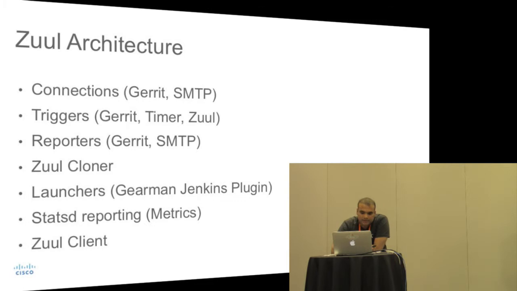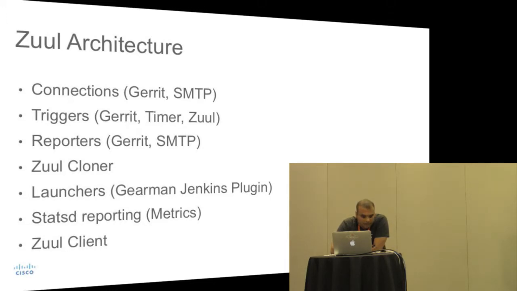So ZUUL has connections which take incoming requests and reply over Gerrit and SMTP protocols. It has triggers, so you can set up triggers through Gerrit. Timer-based triggers, so say if a review is sitting in the queue for like three months, four months, you can trigger timer-based events.